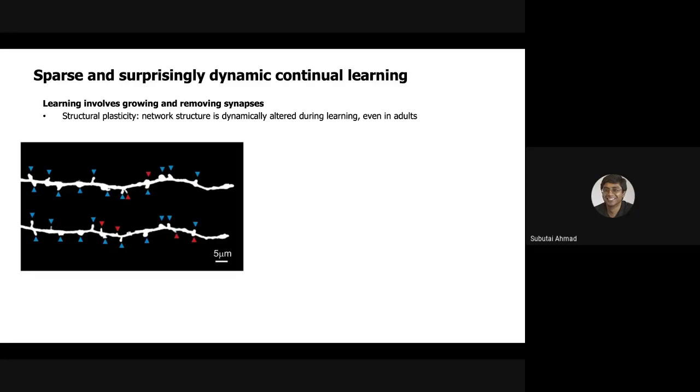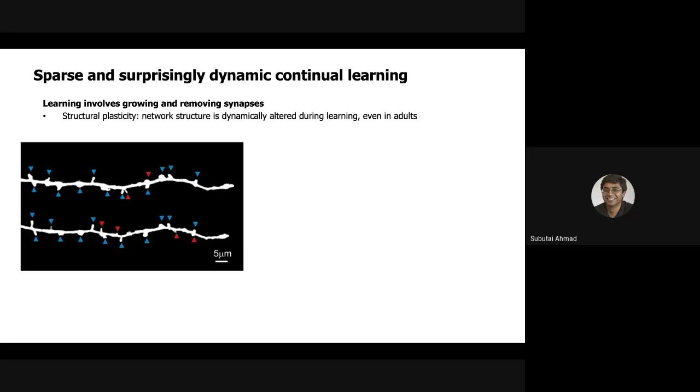This picture on the left shows a section of a dendrite where connections are made, and each of these bumpy things is a synapse, or connection. This is the same section of dendrite 4 days apart. Wherever there's a blue triangle, that's where synapses persisted between these 4 days.